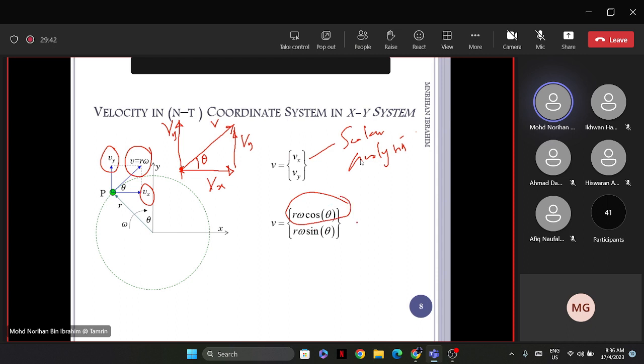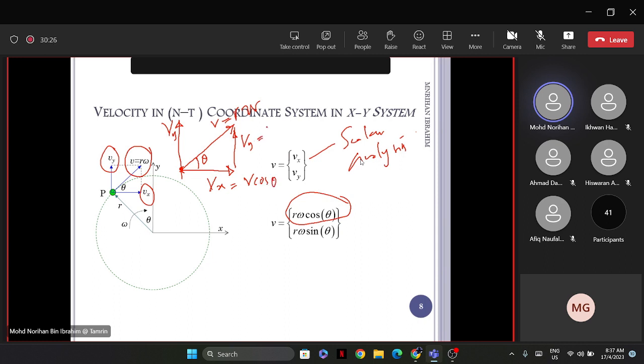If you still remember what we have discussed before in the previous lecture note, lecture 3, if I'm not mistaken, you learned about the rectangular XY coordinate system. We need to apply the trigonometric identities or functions. So Vx is equal to V cos theta.